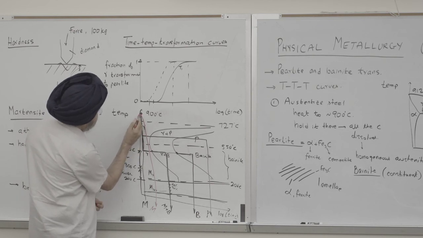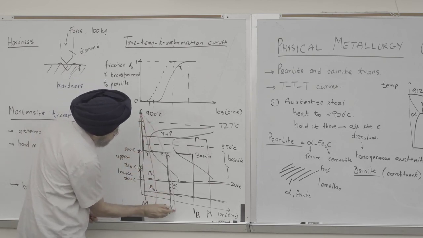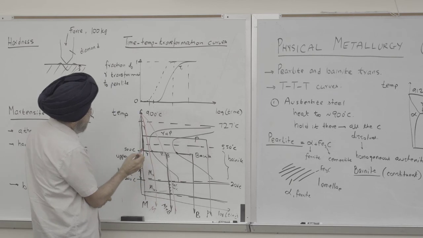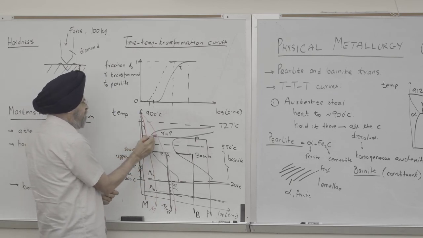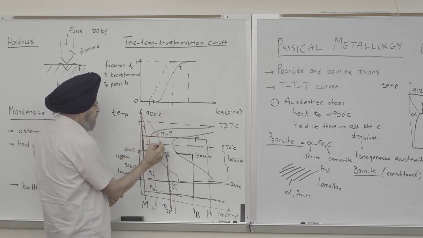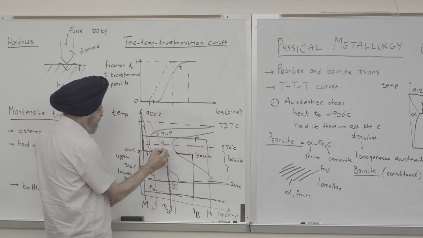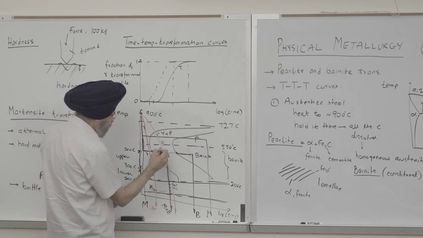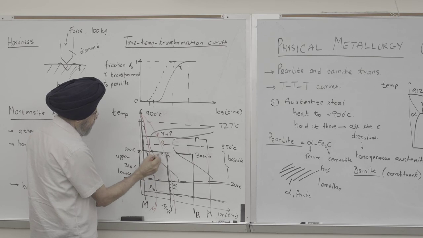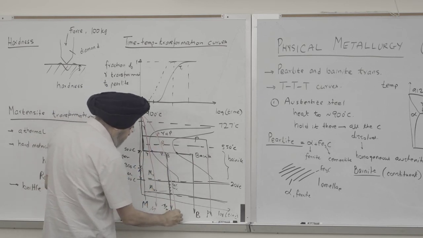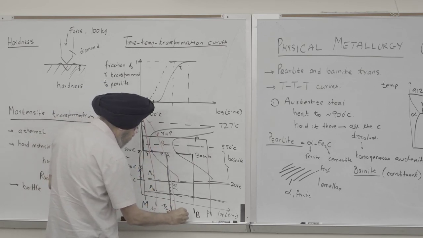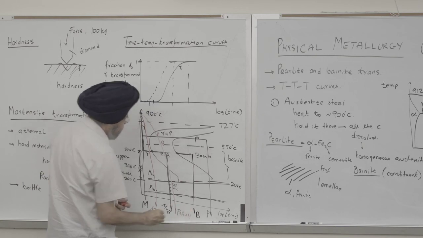Now suppose I come down like this, then what happens is that I start getting some pearlite over here, I start getting bainite, and then since I'm going so fast, I'm not giving enough time for the transformation, I'll probably get pearlite plus bainite plus martensite.